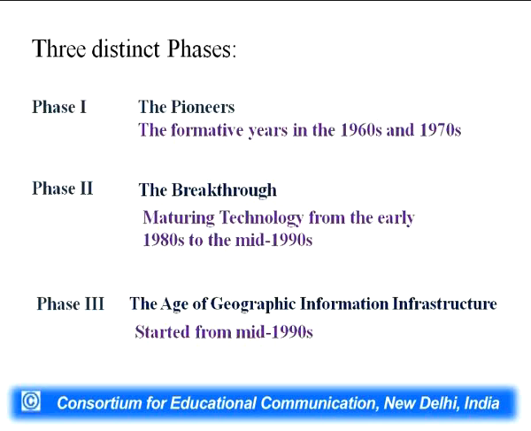But the maturing, or the main framework development of GIS, when it came into the public domain, is from the early 1980s to the mid 1990s, and now it has started the age of geographic information infrastructure, from the 1990s onward.